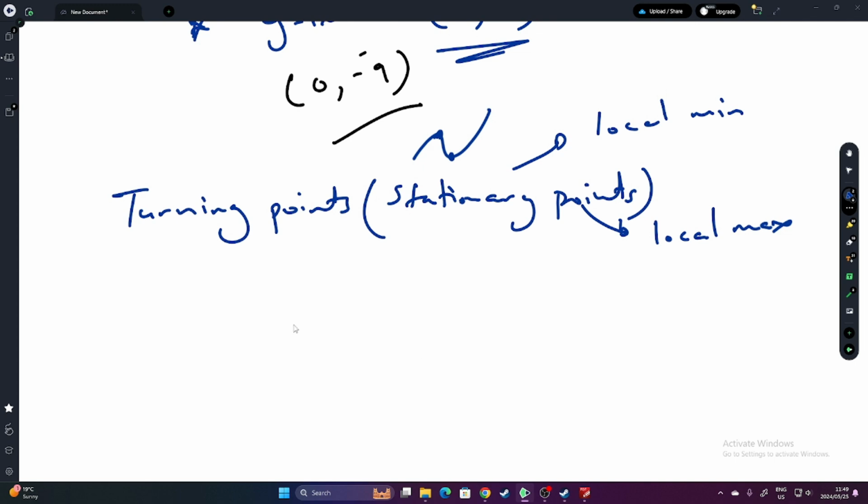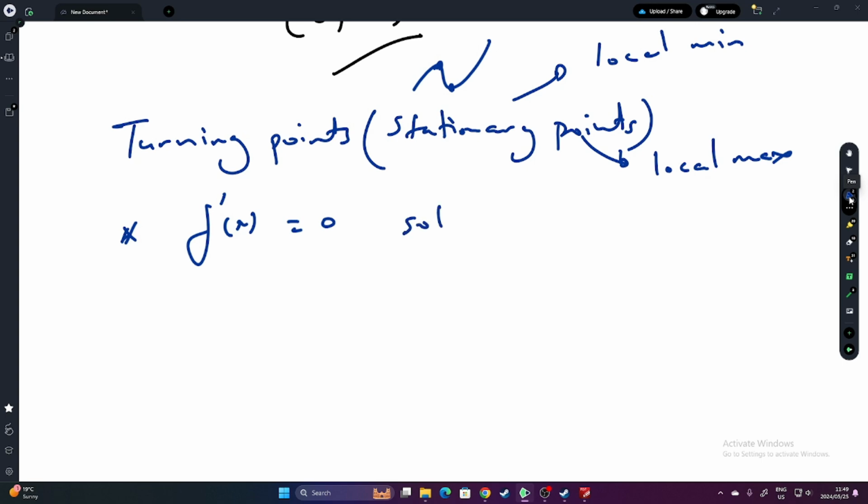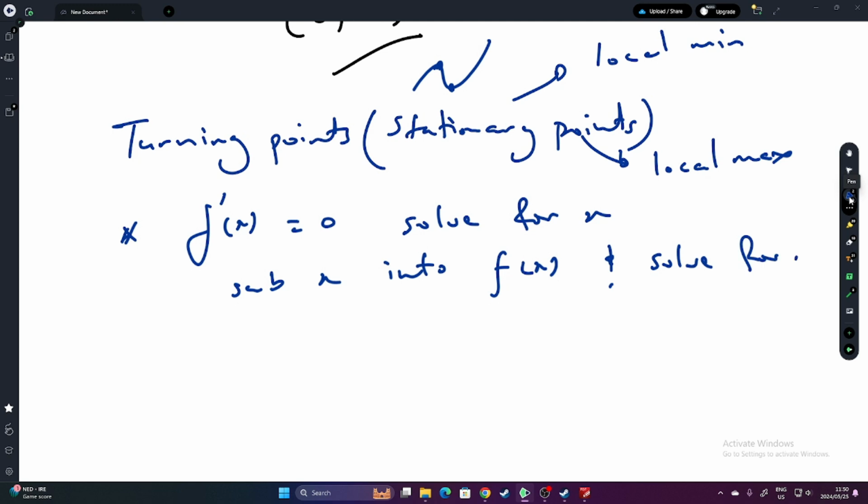Now how would we go ahead and find the turning points? So the method is simple. It is find the derivative, set it equal to 0, solve for x. Once we have x, sub x into your f of x equation, and solve for y.